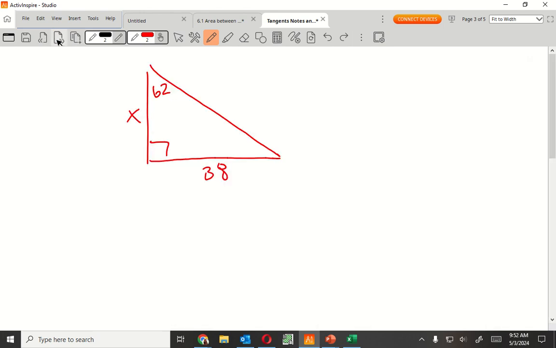Now, from here, let's go through and label everything. This one is going to be my hypotenuse. My reference angle here makes that one opposite. My last one is adjacent.